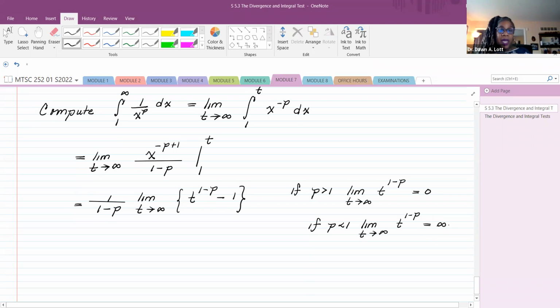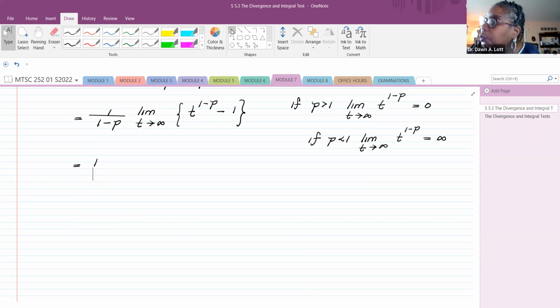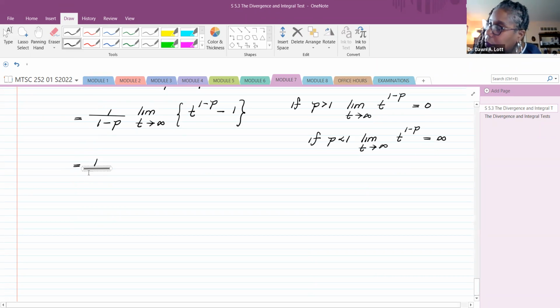Okay, so there we have it. The only way this thing converges, this will equal 1 over p minus 1, if, and this is only if, p is strictly greater than 1.